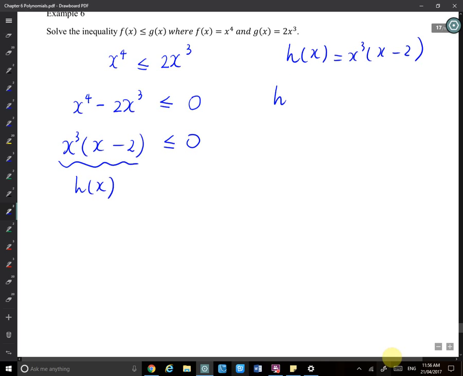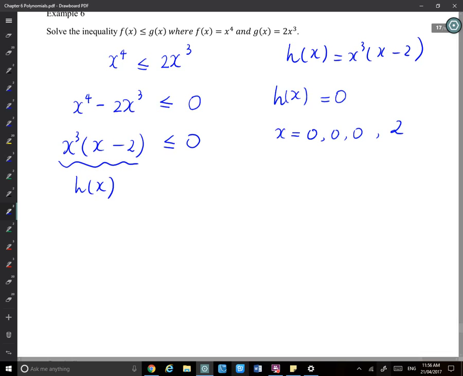When h(x) equals 0, x will equal 0, 0, 0, and 2. We have 4 factors, 3 of them are x, so we have 0, 0, 0, and 2. How many 0s do you have? 3, right? What will that point become? Point of inflection, okay? When I say turning point, and if it's an odd number of times of the solution, you have a point of inflection there.